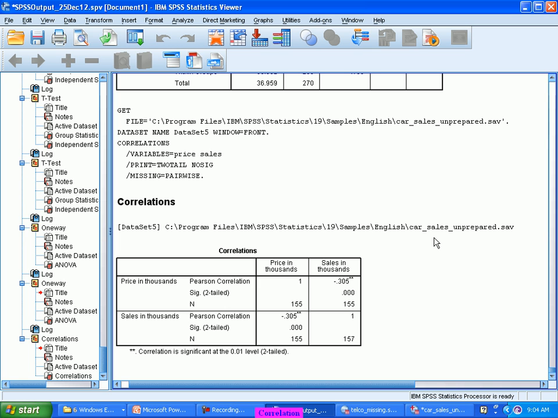Then we try to find out what it is, which is minus 0.30. Minus 0.30 means there is a negative correlation. If one is going up, the other is going down. If the price is going up, the sales are going down.